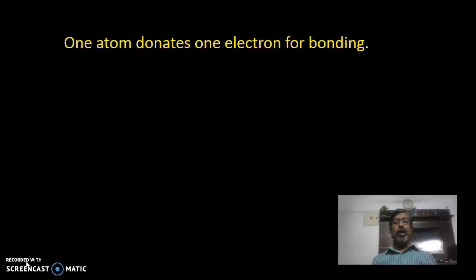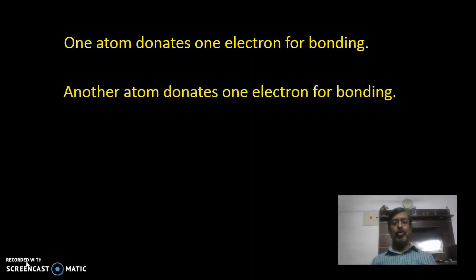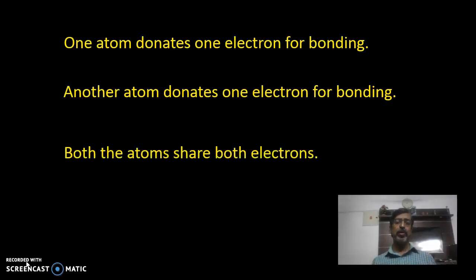Now, there is another type of bonding in which two electrons are required for bonding, and one atom donates one electron for bonding. Another atom also donates one electron for bonding, and both the electrons are shared between both the atoms, and this results in a bond.